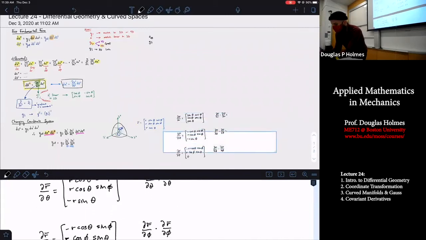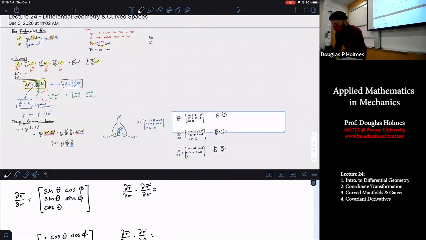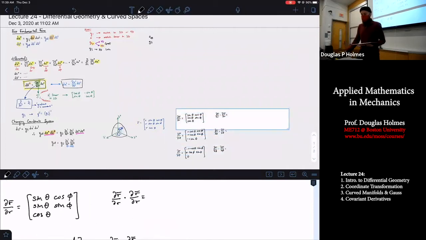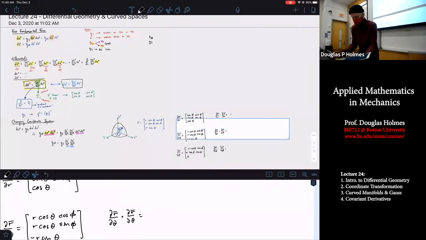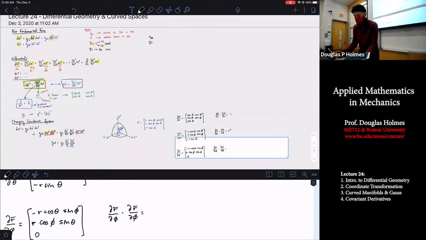This ends up with a quite messy thing that looks like a bunch of cos squareds, sine squareds of thetas and phis. And I promise you, you do this out, it reduces quite simply to this: 1, r squared. I would encourage you, if you're interested in this stuff, to do these calculations out and see if you can match this calculation.